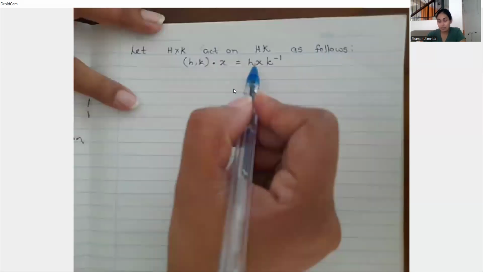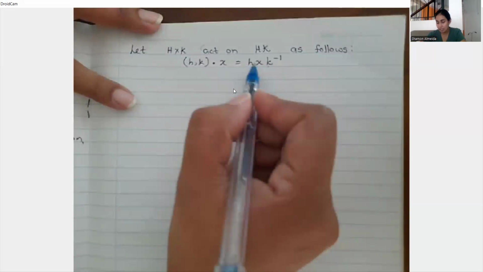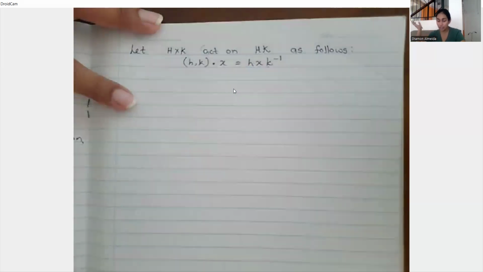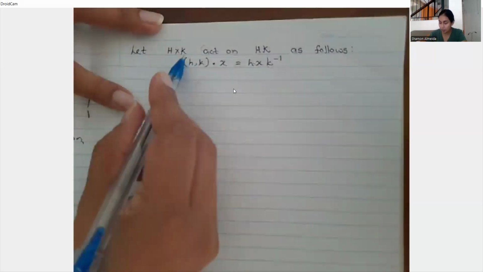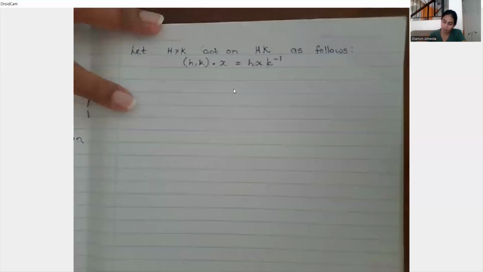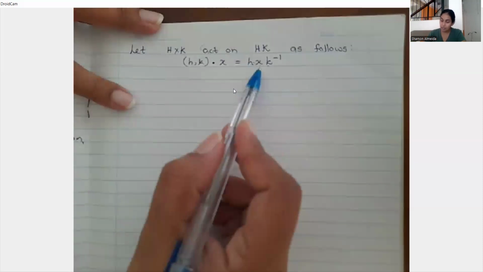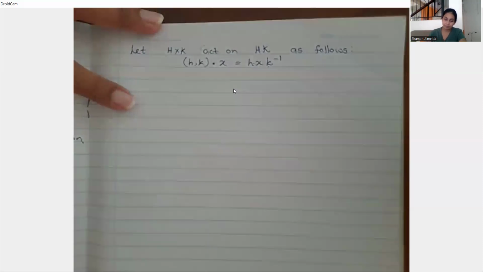Now, when I say once again, h times x times k inverse, this multiplication that you see over here is actually the binary operation over the group G, because all these elements are actually coming from G. H is a subgroup of G, K is a subgroup of G, this is a subgroup of G, this is a subset of G. So every element that you actually see, h, x, and k, and even its inverse are elements in G. Right.